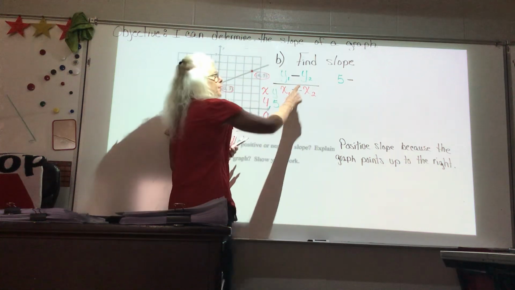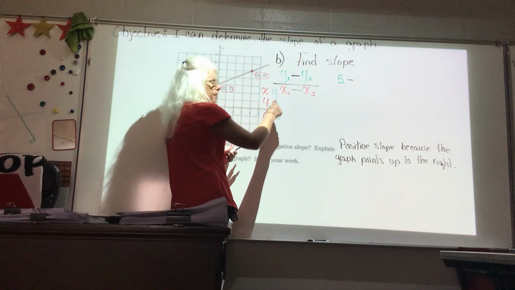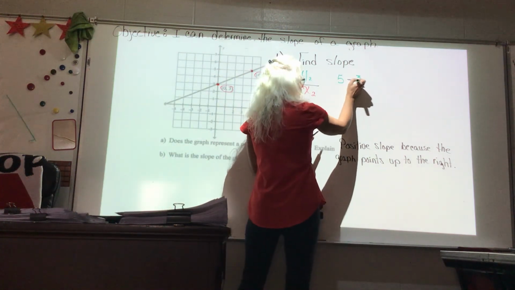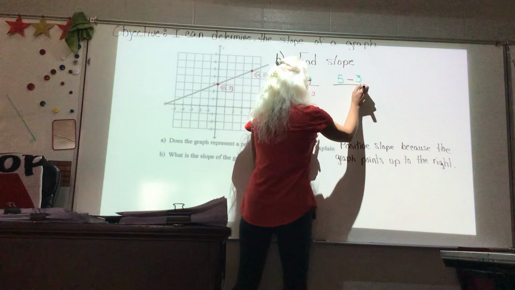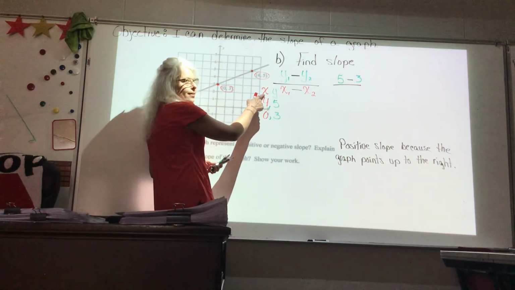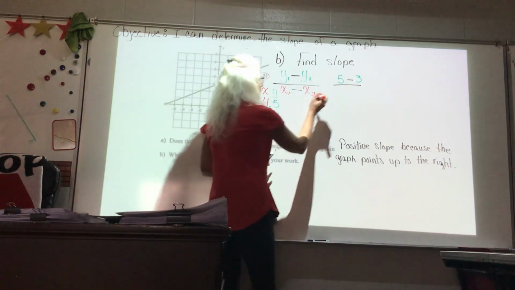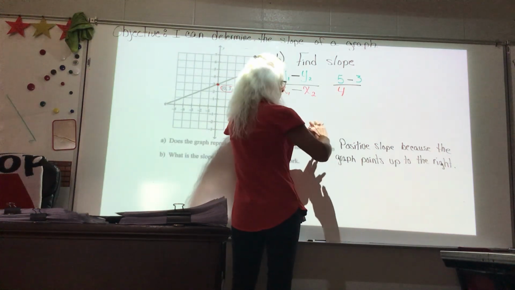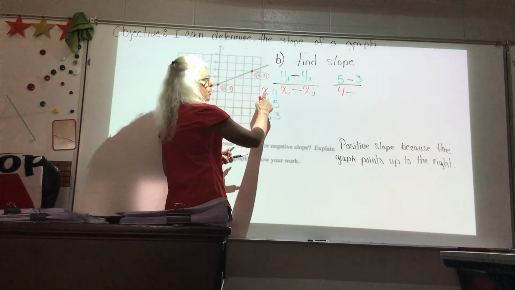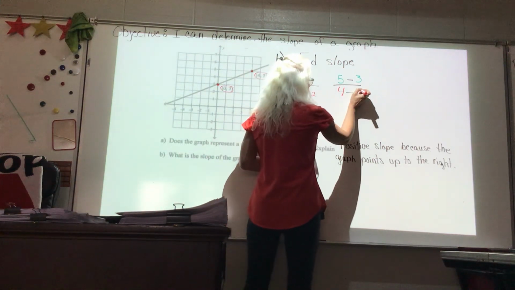Minus, and this says y sub 2, so that means go back to your y column and write down the second y. X sub 1 means go to your x column and write down your first x, minus, and then x sub 2, you're going to go back to your x column and write down the second x.